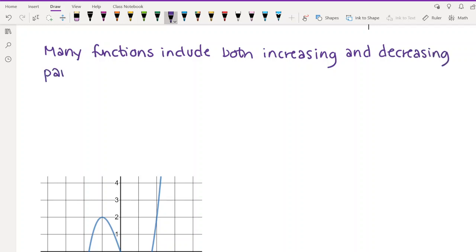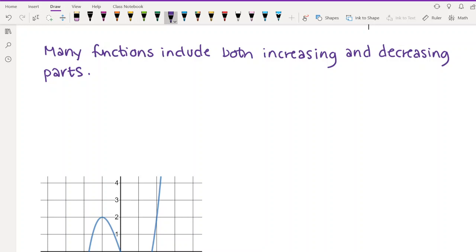And so what we're going to be doing in this video is looking at a function that has parts that are increasing and parts that are decreasing, and we're going to be able to describe where the parts of the graph are where it's increasing, and where the parts of the graph are where it's decreasing.